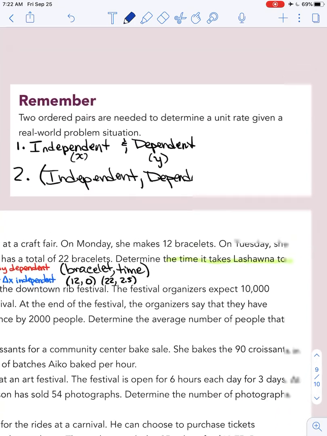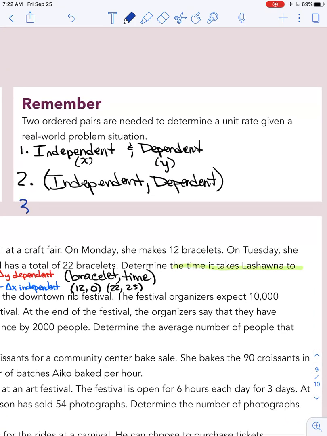Then we have to do the slope, or unit rate. So again, that's m equals y2 minus y1 over x2 minus x1. And I keep telling you to rewrite that every time you do a problem.